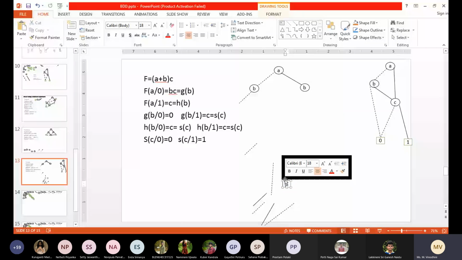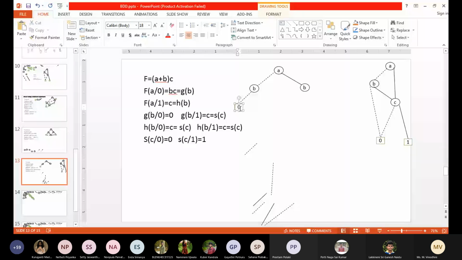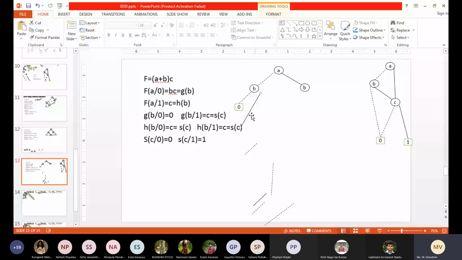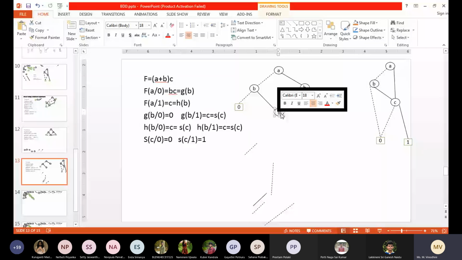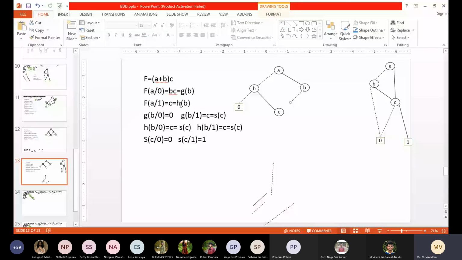G of B when it is 1, it is going to C. This C is nothing but S of C. This is H of B. H of B when it is 0, it is going to S of C.